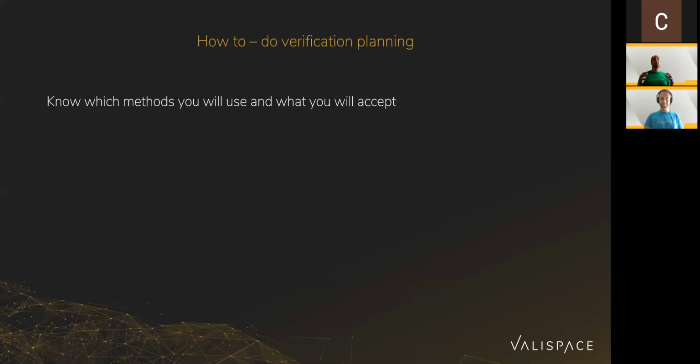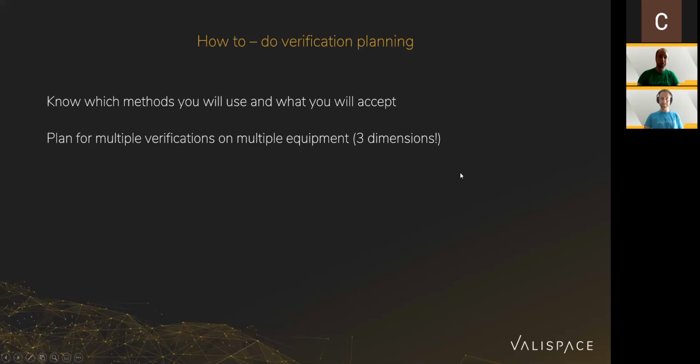And when I say what you will accept as a closure, it means, is a test report enough? Is it sufficient to have the results of a simulation, right? So make sure that you know what is sufficient and that you've talked about that with your customer, because your customer or your regulatory body is going to ask you later, how did you do that? And you need to make sure that you're on par with what they were expecting.